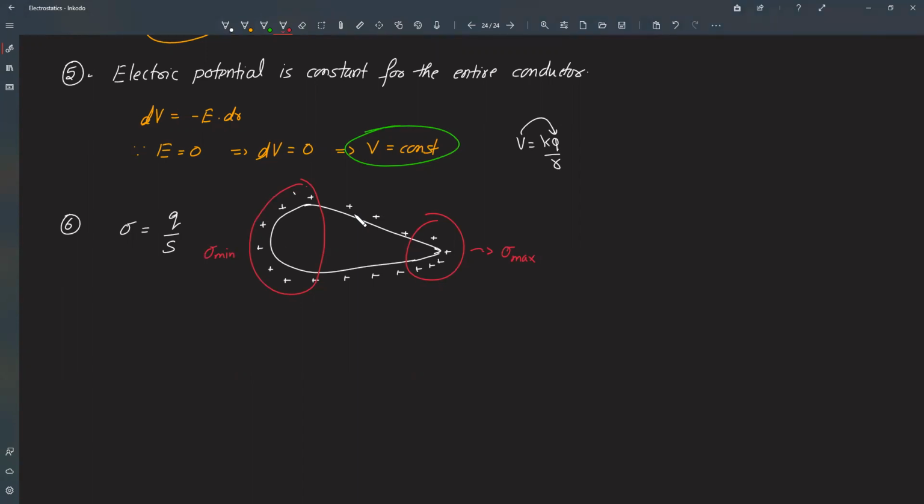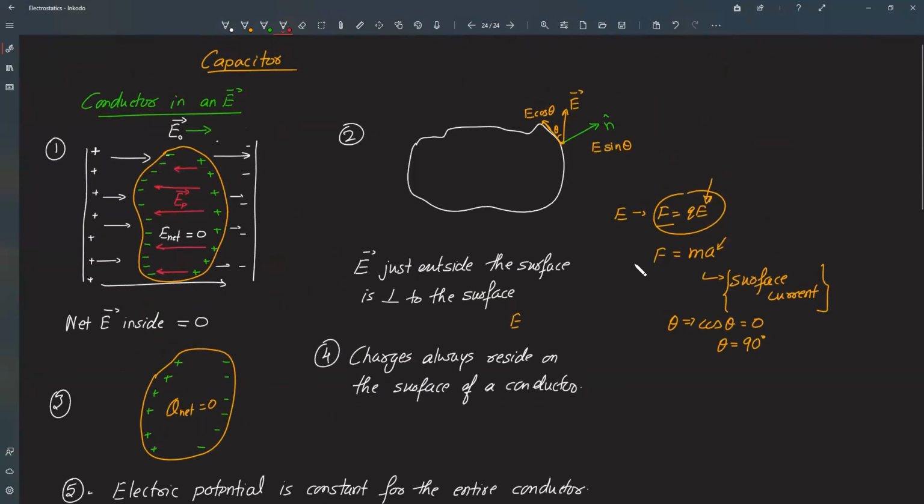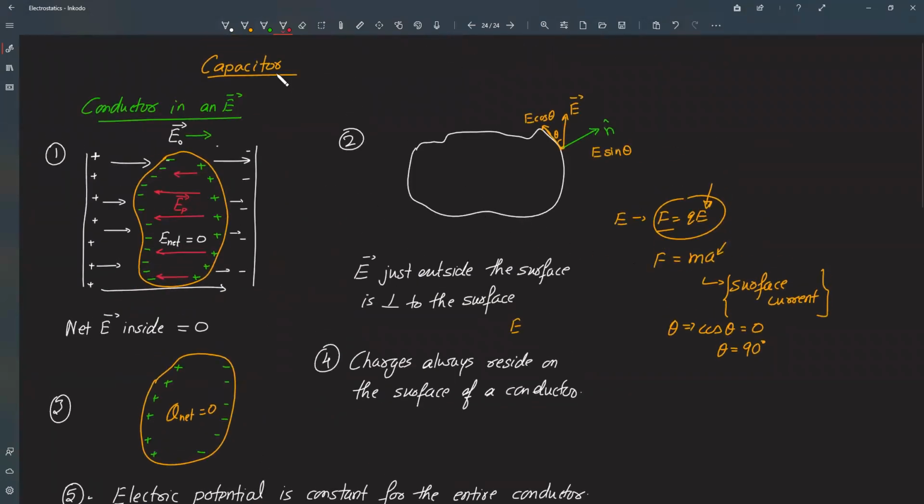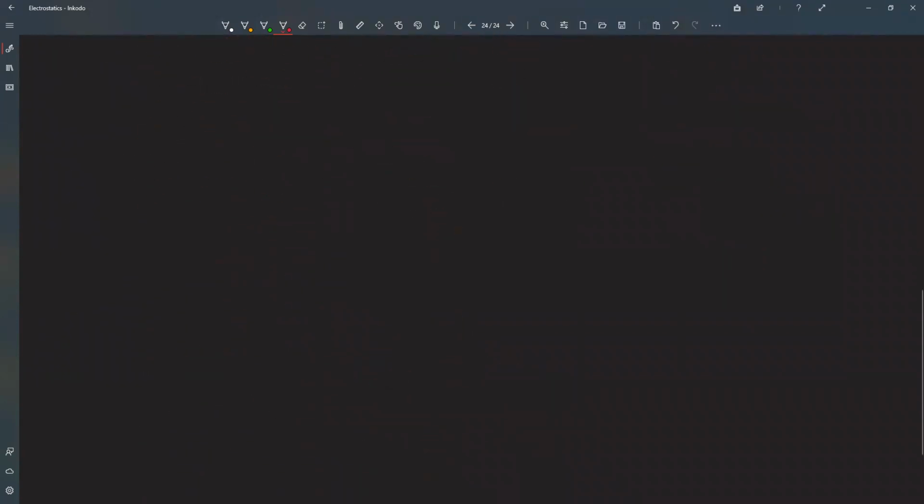That is, the density of the charge will be maximum there. Okay, so that is about the conductors in an electric field, right? So next, in our next class, we'll be discussing the electrical capacitance. So that we'll do in the next class, and that will be the last topic of this chapter.